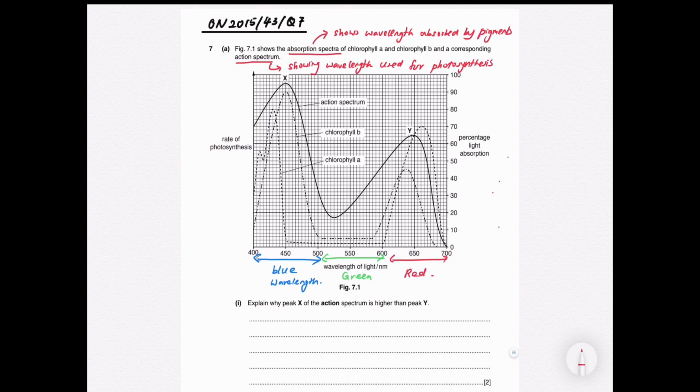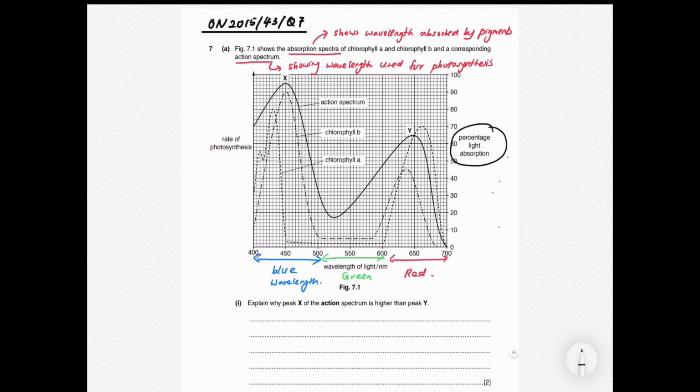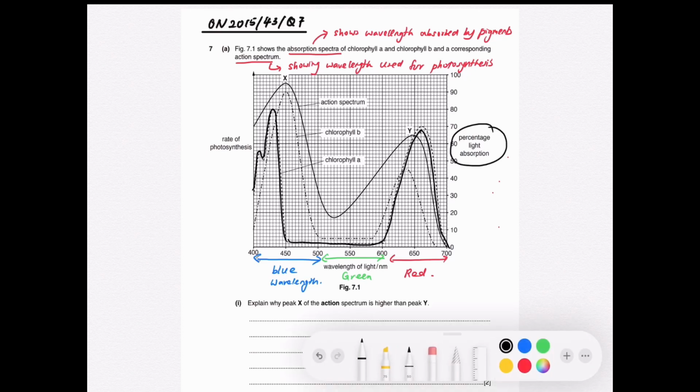If you look at the absorption spectrum, which is on the right hand axis and represented by the dotted line, you'll realize that the majority of the pigments are absorbing between 400 to 500 and 600 to 700. So what does it indicate?